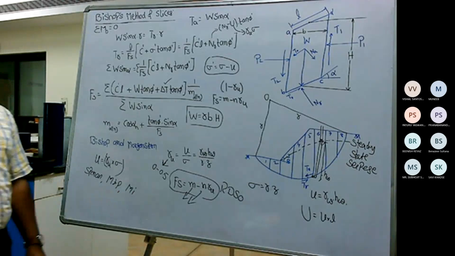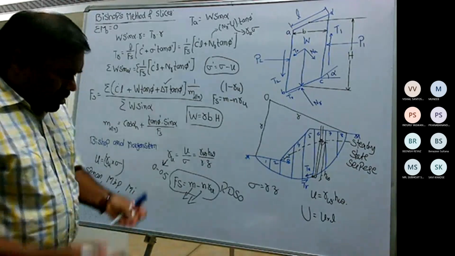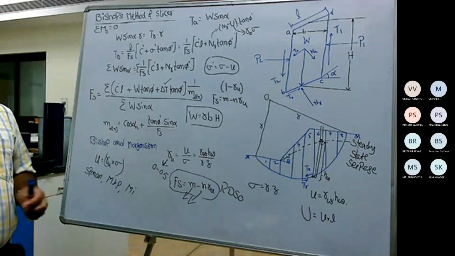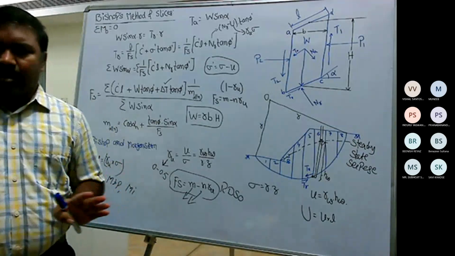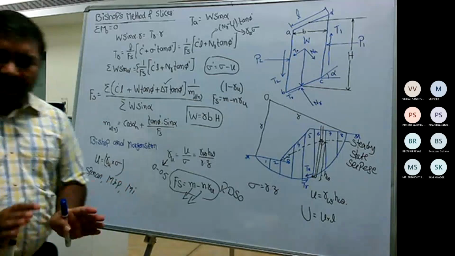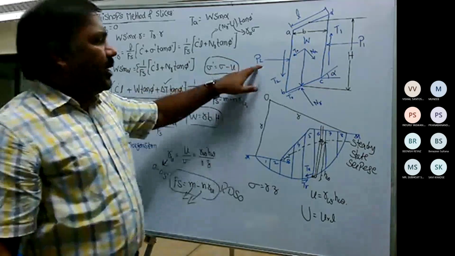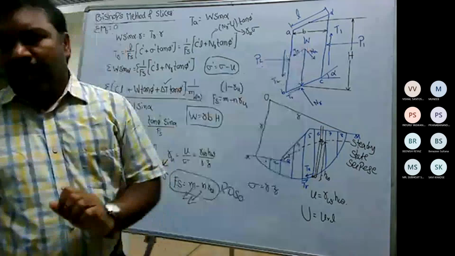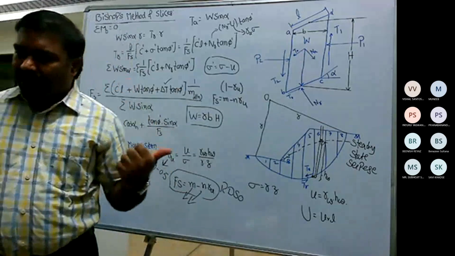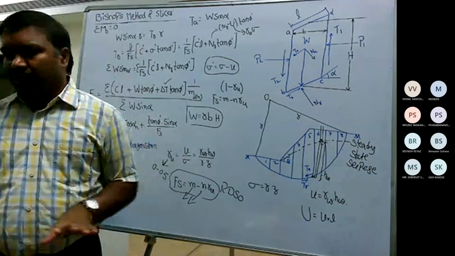There are several methods: Sharma's method, Janbu's method, and so on and so forth. There are more than a dozen methods. But all of these methods, in order to accurately determine the P1, P2, T1, T2, have considered the summation of the vertical forces as well as the summation of the horizontal forces also.